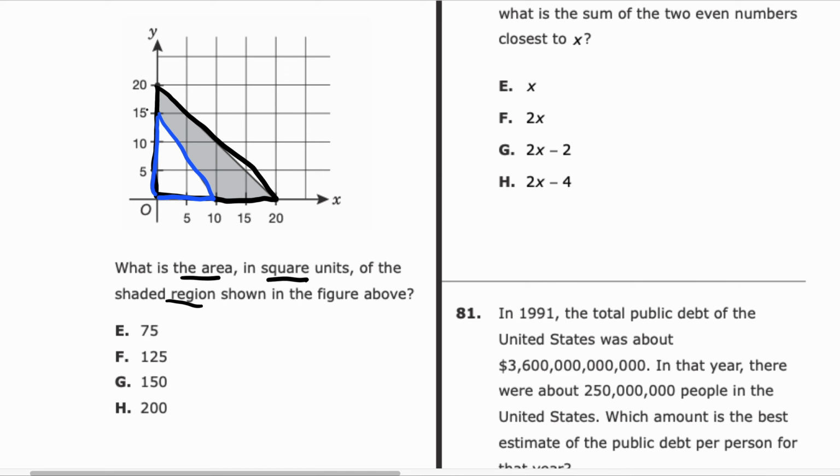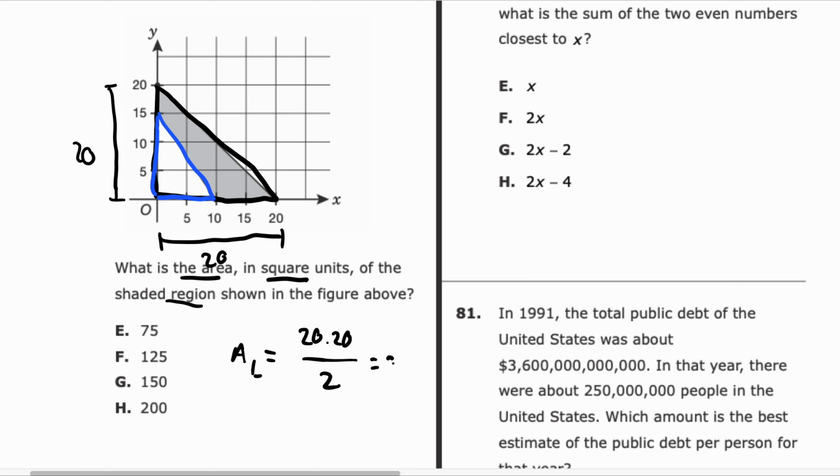So if we look at the area of the black triangle, this length is just 20, and the width, or the base, is also 20. So we'll say area of the large triangle is 20 times 20 over 2, which would be 200. And if we look at the area of the small triangle, that would be 15, and then 10.